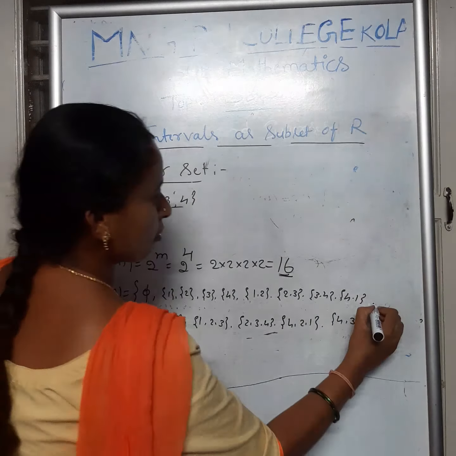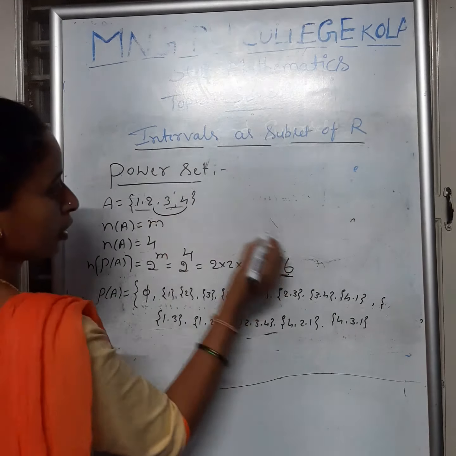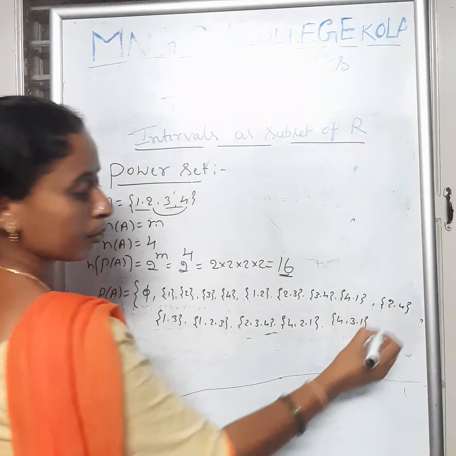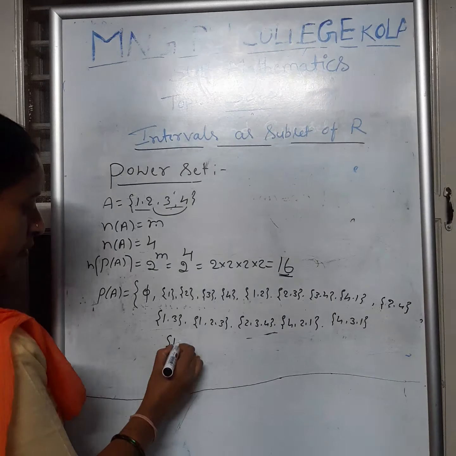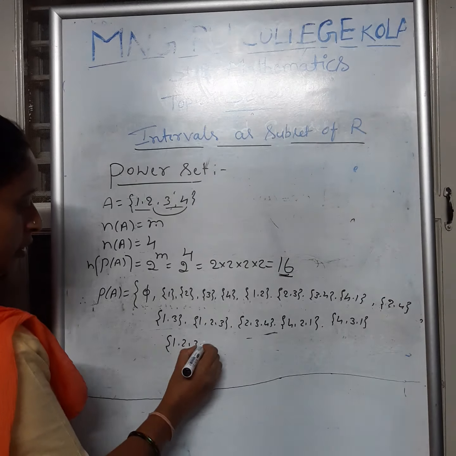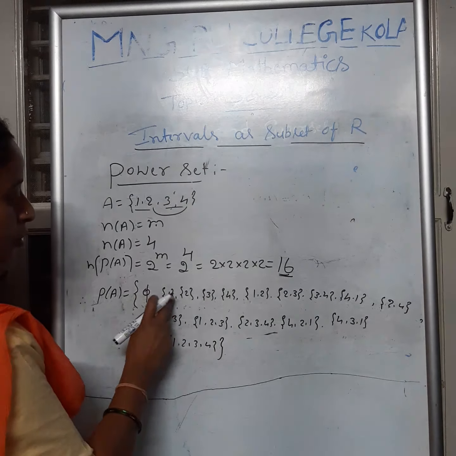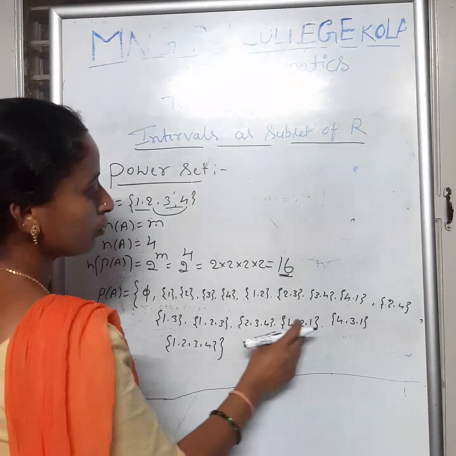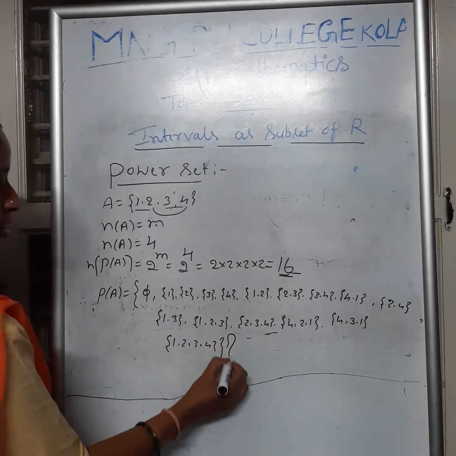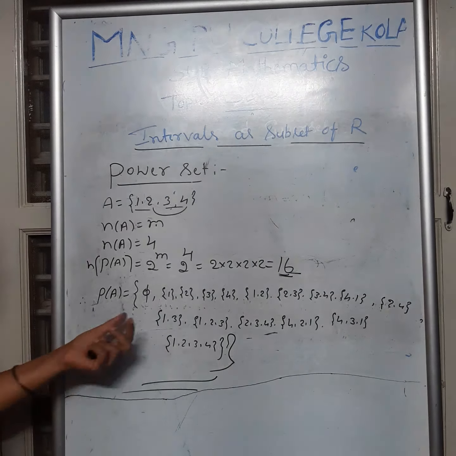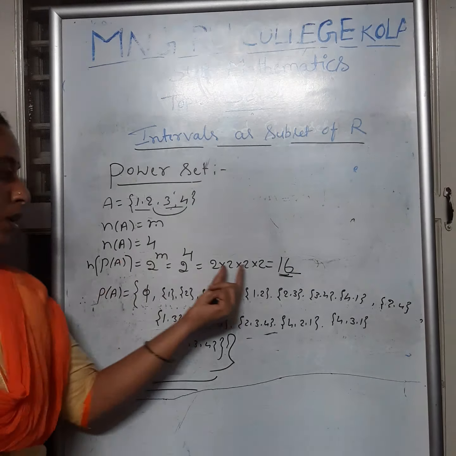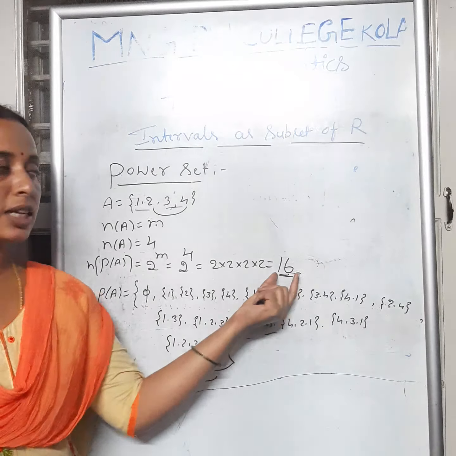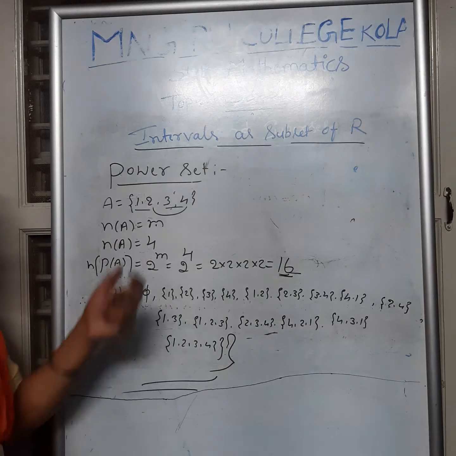So here we are missing one. 2, 4 is one that is there, no? 2, 4. 2, 3, 4. 1, 2, 3, 4, 5, 6, 7, 8, 9, 10, 11, 12, 13, 14, 15, 16. This is satisfied, no? Yes, 16 subsets are there. By the formula also we get 16 subsets. So this is the value for a set.